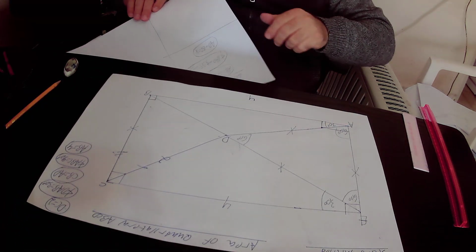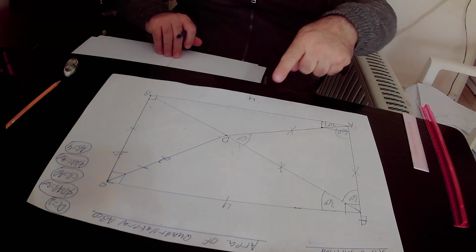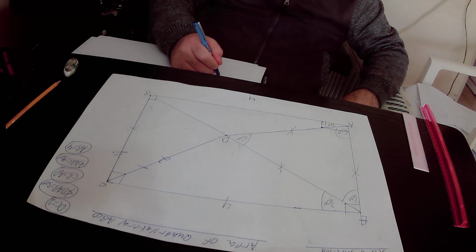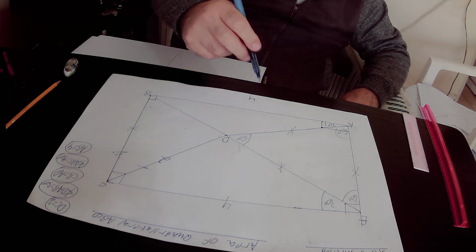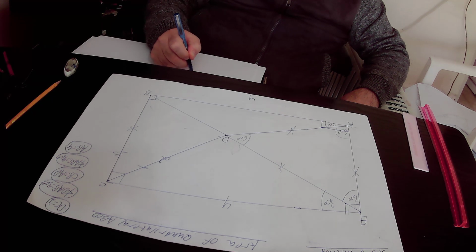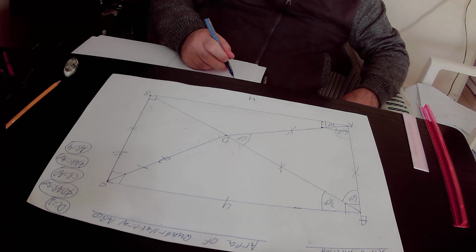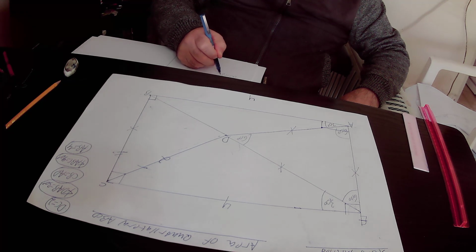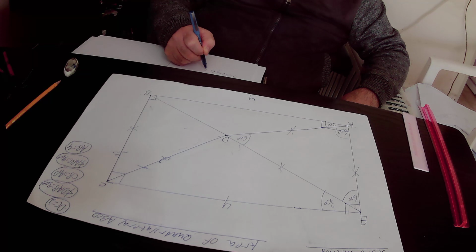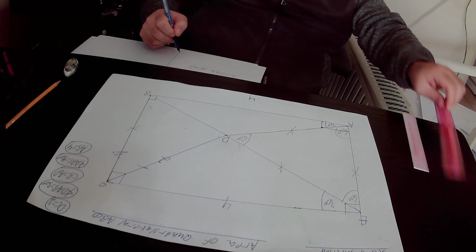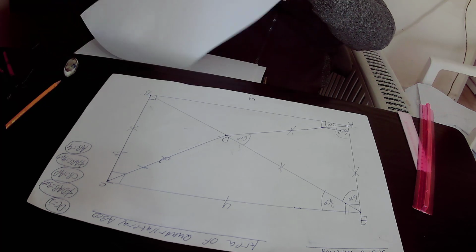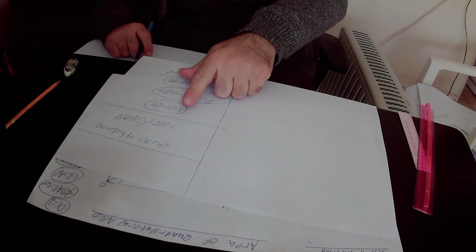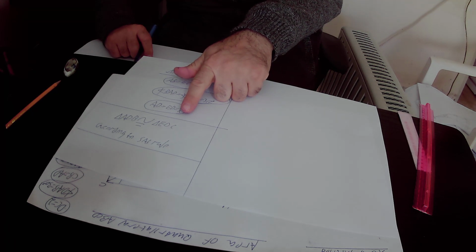So we actually proved that this triangle ADB can go into this triangle EDC according to the side-angle-side rule. I'll repeat again: we prove that triangle ADB can go into triangle EDC according to the side-angle-side rule.